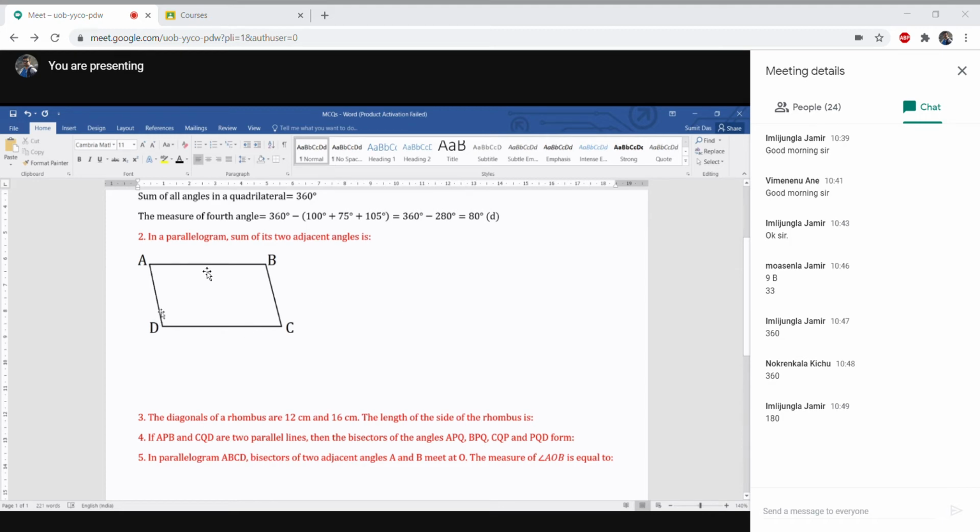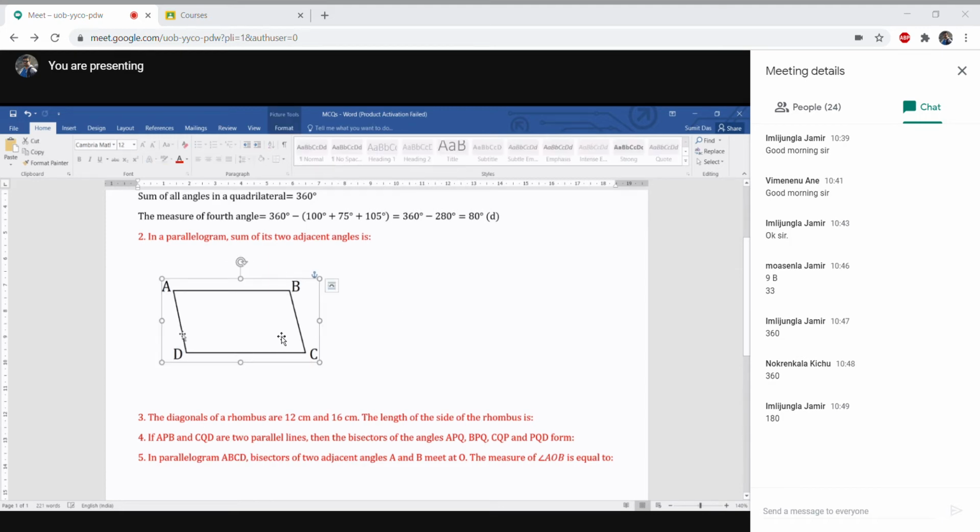DC is the transversal, and this angle AD, let me show you in the diagram.